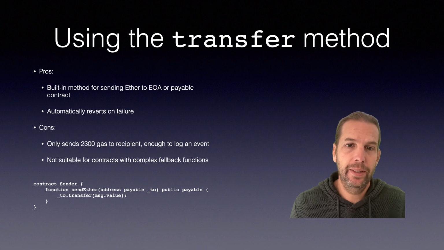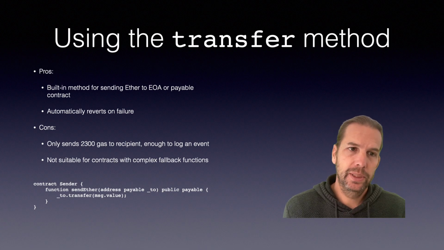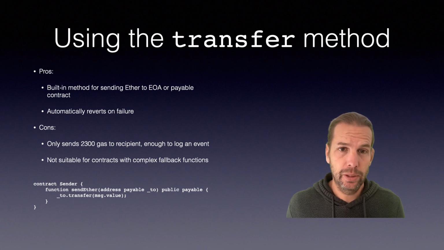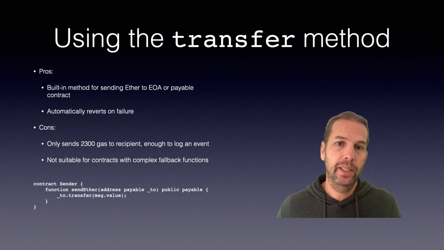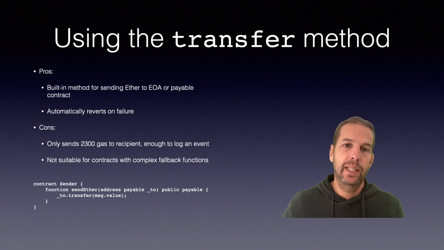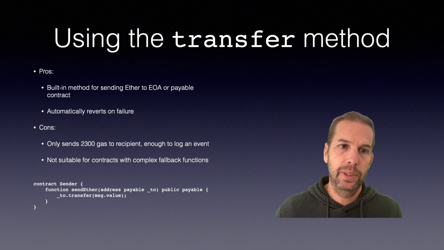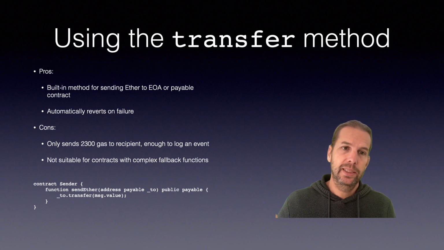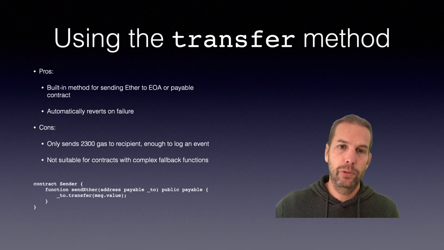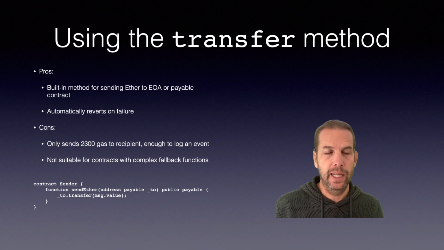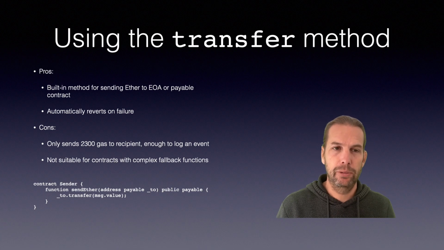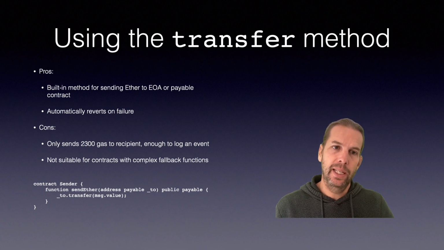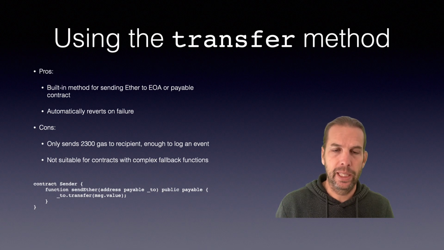The transfer method, so again, a built-in method. This one automatically reverts on failure, and the safety feature that it has in it is that it limits the amount of gas that it sends to the recipient to 2,300 gas. Now, why is this important? It's important because this gas is used to execute the fallback function that gets called when you send Ether to that contract. And some of the hacks that have happened in the past, particularly reentrancy hacks, have been done via this fallback function.